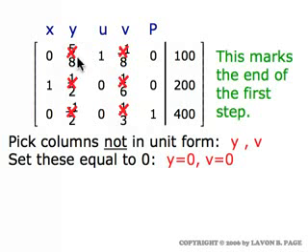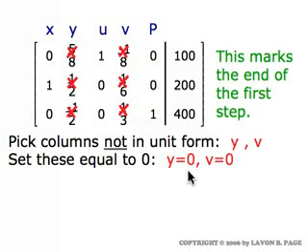There are also two columns that are not in that form. I've X'd those out. The game we're going to play right here is to take those variables, the Y variable and the V variable, whose columns are not in that special form, and set those equal to 0.